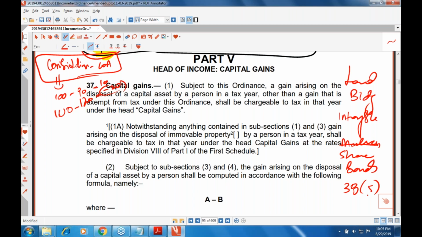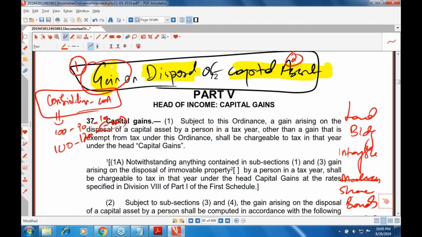Let's move a bit forward. So up till now we have discussed the concept of gain and the concept of capital asset. Now the next thing that we need to understand is the concept of disposal.